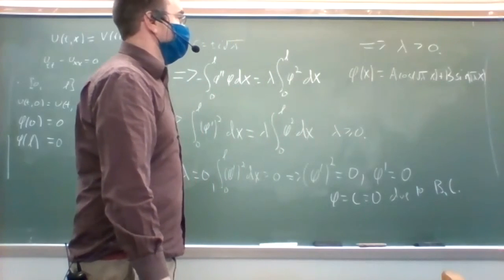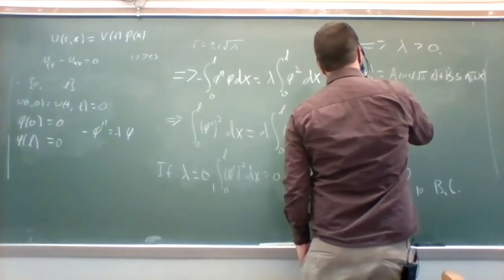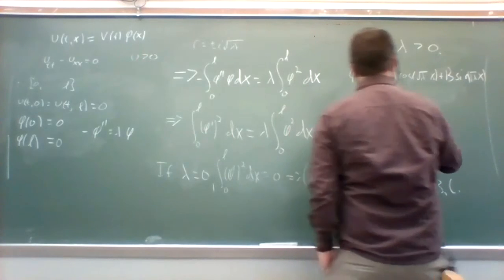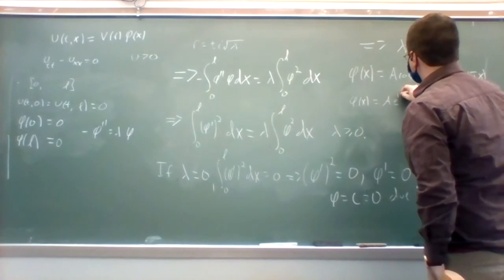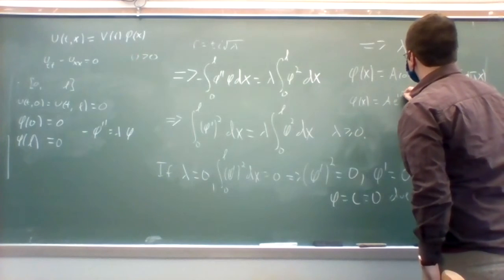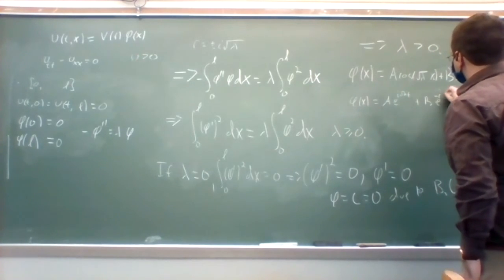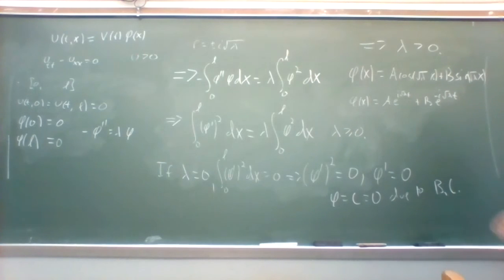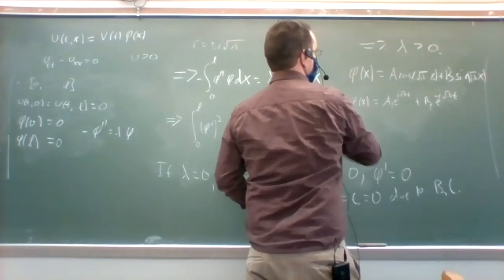If you want complex solutions, you can take A and B to be complex, but then why not just do this? So both of these things are true, but perhaps with different constants. But I want to focus on this one.